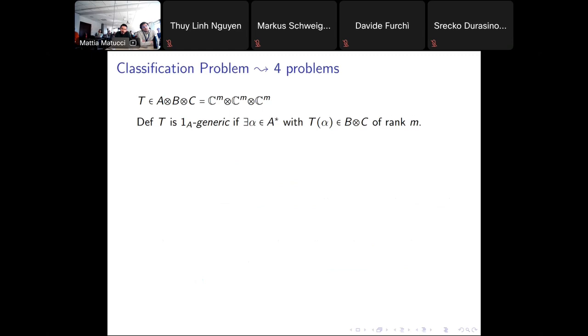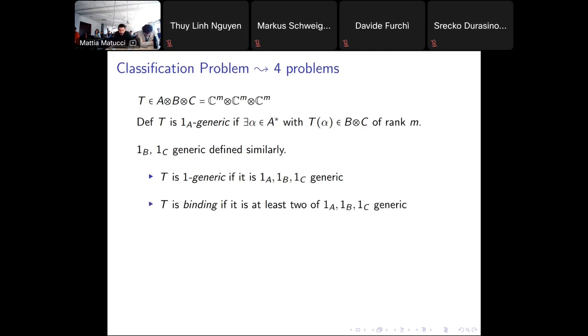If you think of it as a space of matrices parameterized by A dual, there's a full rank matrix. Similarly we have 1B generic and 1C generic, so we have 3 spaces of matrices, and it's 1 generic if each of those spaces has a full rank matrix. Notice that's an open condition. So a random tensor will be 1 generic. Most tensors are 1 generic.